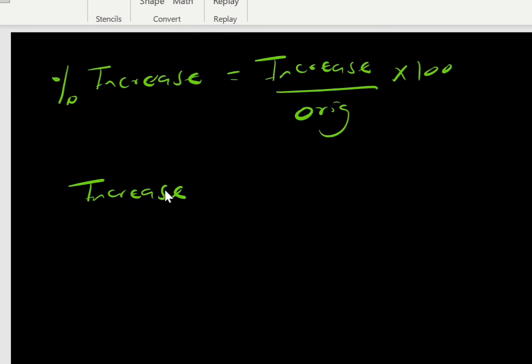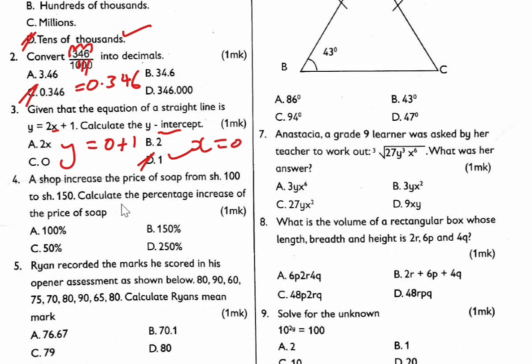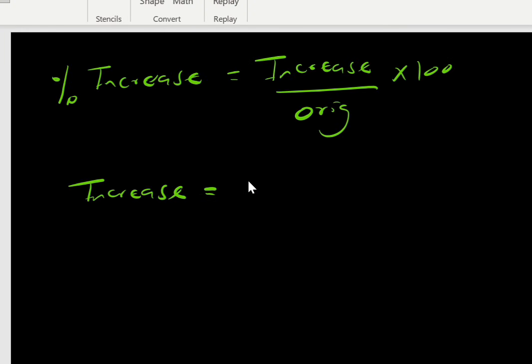Let's go back. It was 100 and then later 150. So this is the original. It was increased to 150, and therefore to get the increase, we subtract the two. So it will be 150 minus 100, which gives 50.